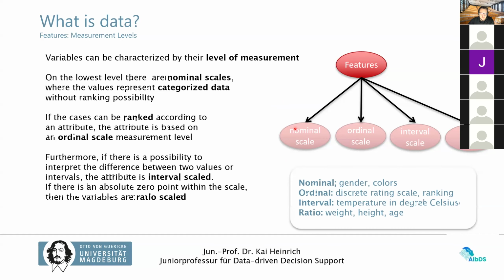This is basically the only thing I can do. I can build no average or anything else, because I cannot build an average of colors; I can only say it is or it isn't. What I can do with nominal is say what the most frequent value is, called the mode, but we will get to this.